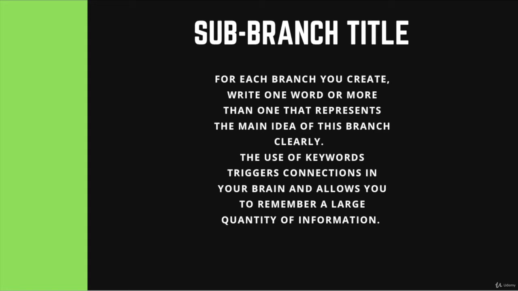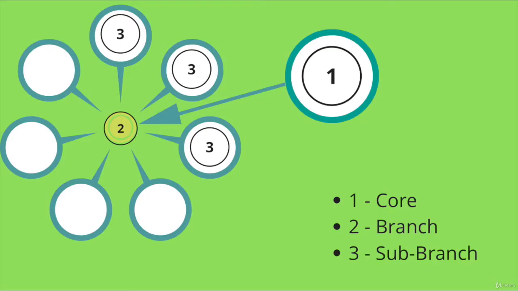As soon as you finish all the sub-branches that you have linked to one branch, you'll finish the first branch. And when you finish all of them, you'll be able to finish the task that you had, or get to the end, to the butter, of whatever you were trying to do with your mind map.